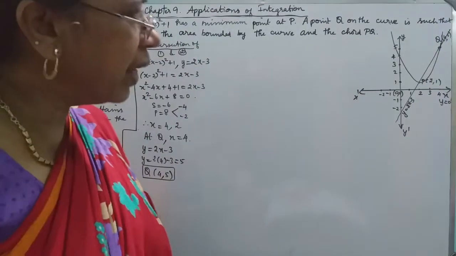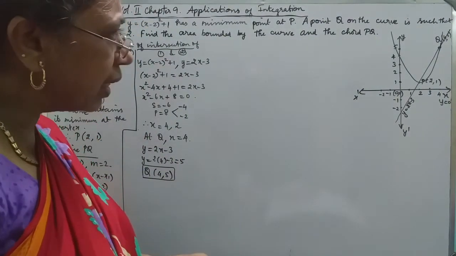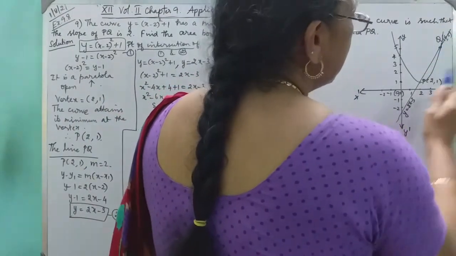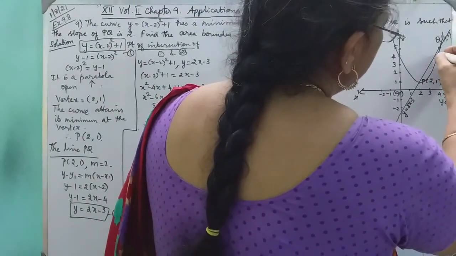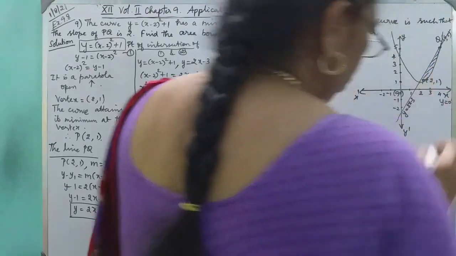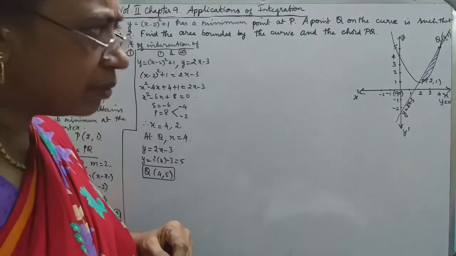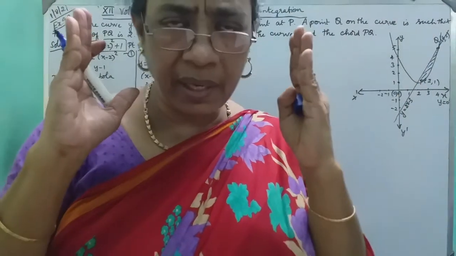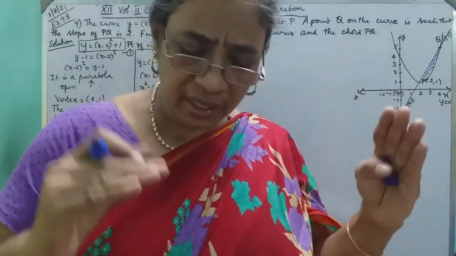Now we require the area bounded by the curve and the chord PQ. So this is the chord PQ, this is the curve. Definitely in this area only they are asking to find. We have to see whether this area is completely lying between 2 verticals or 2 horizontals.